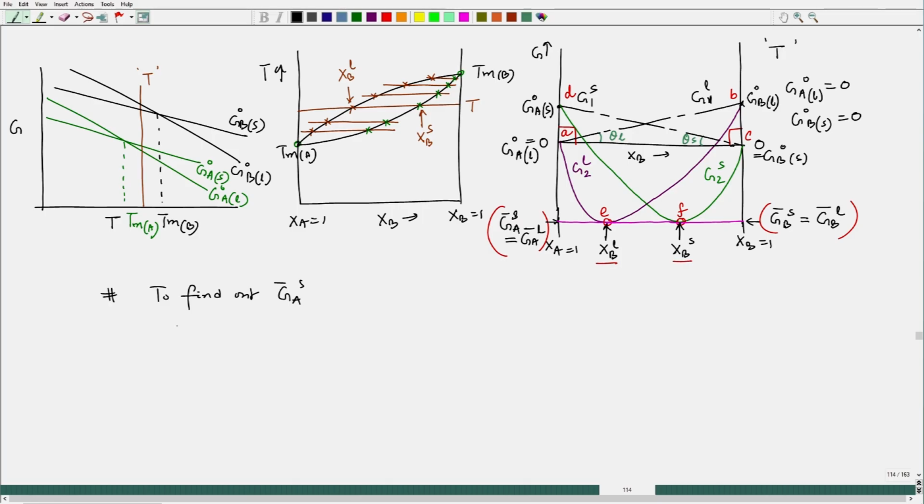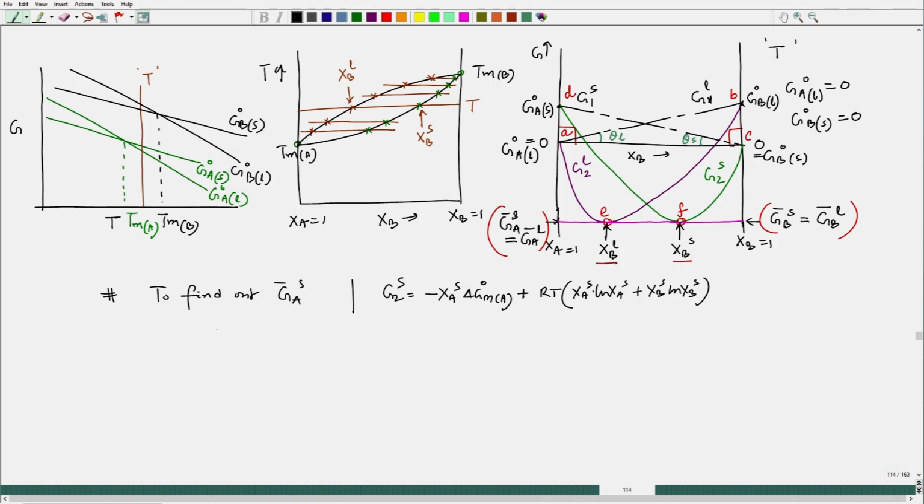For that we will need a formula, the basic formula would be G2 S equal to minus XA solid delta G naught M A plus RT XA solid ln XA solid plus XB solid ln XB solid.